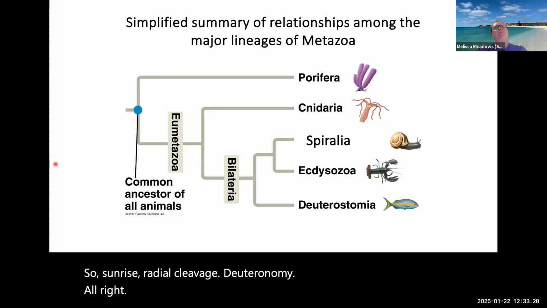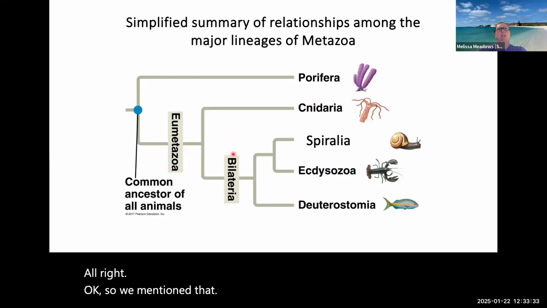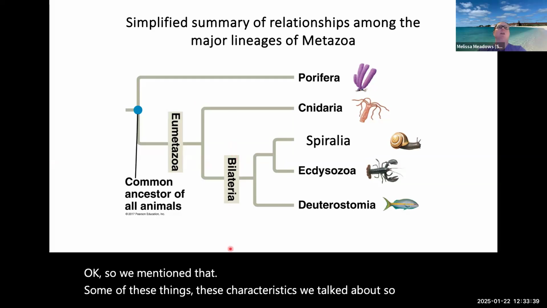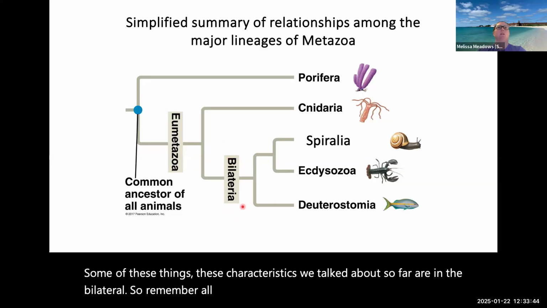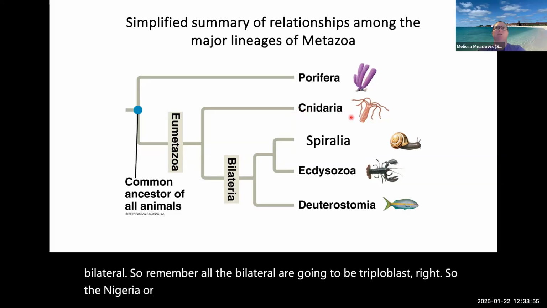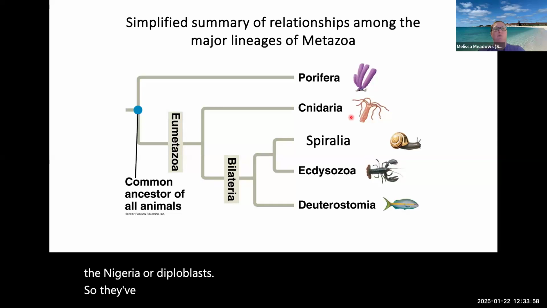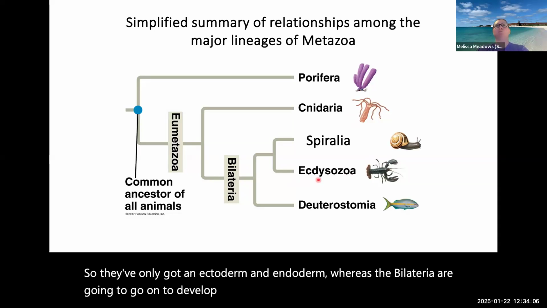Okay. So we mentioned that some of these characteristics we talked about so far are in the bilateria. So remember, all the bilateria are going to be triploblasts, right? So the cnidaria are diploblasts, so they've only got an ectoderm and endoderm, whereas the bilateria are going to go on to develop that mesoderm.